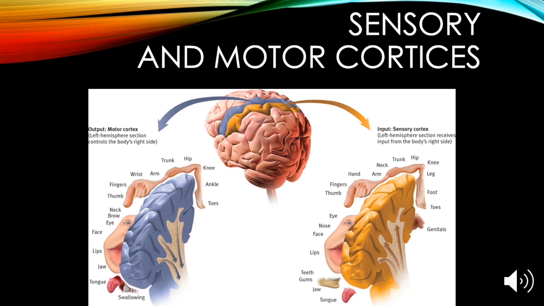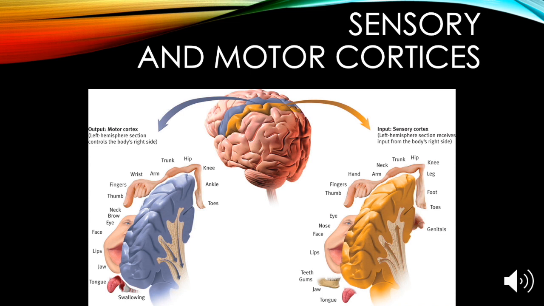So you can see up here at the top of this picture is the hip and the knee and the ankle and the toes. And then as we work our way from the top of the brain towards the outside of the brain, you can see that it goes to the arm and the wrist and the fingers and the thumb and the neck and the brow and the eye and the face, and so on and so forth.